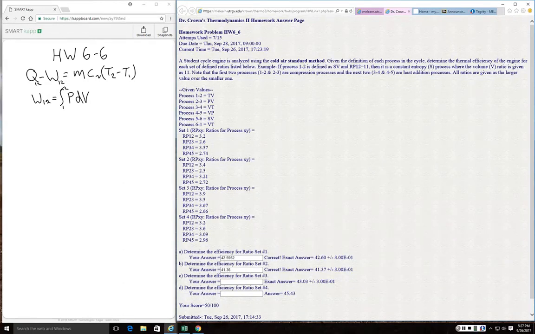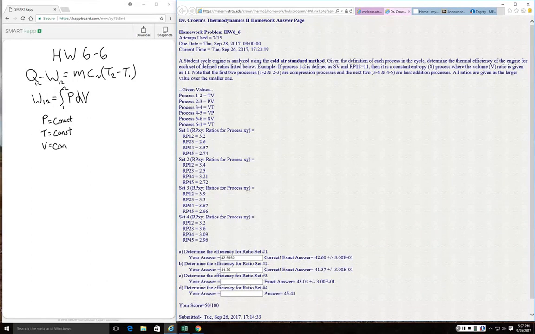So if it's P equals constant, we get one result. If it's an isothermal process, you get another result. Of course, if V equals constant, you get the trivial solution.